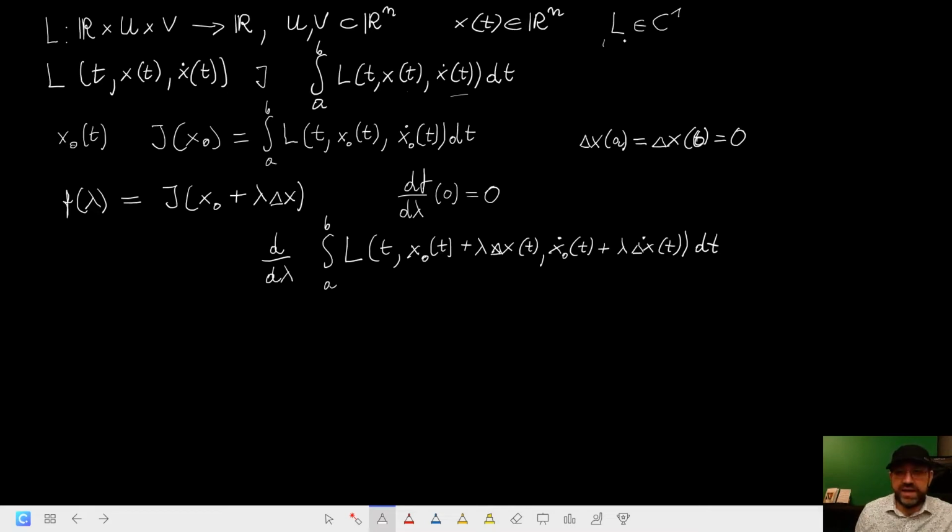So as our L is of class C1, this whole expression is continuous for both t and lambda, because now this expression depends on t and lambda. T is over the set with finite measure, over the compact set.